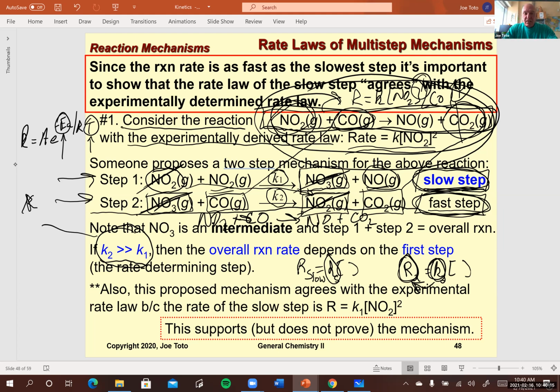All right. The next thing you have to do is to identify the slow step in the mechanism and check to see if the rate law that you get from the slow step agrees with the experimentally determined rate law. So remember, rate laws for elementary steps you can get without experiment. You just look at the stoichiometric coefficients. So what's the rate law for step 1?